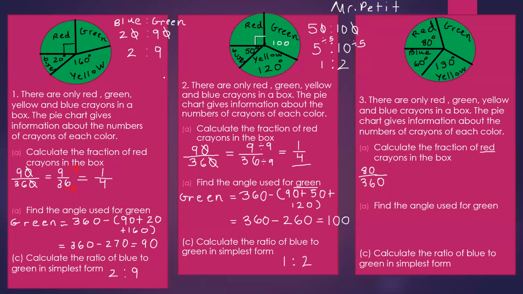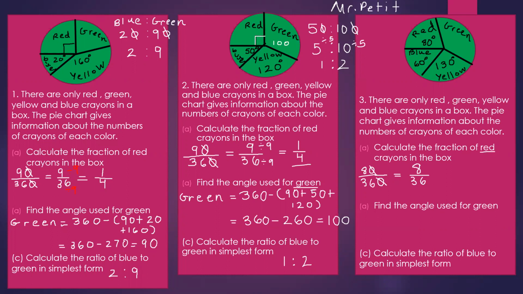That's the sum of the angles of the entire circle. So here we're going to cancel the zeros, right? So it's going to be 0 cancel with this 0. So we are left with what? 8 over 36.